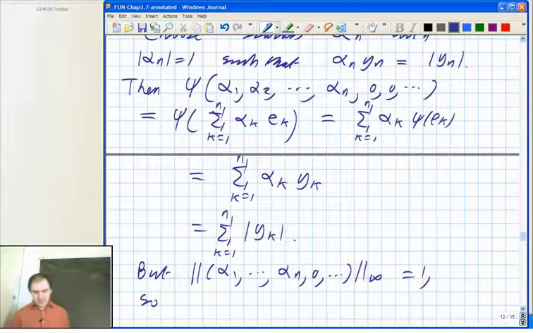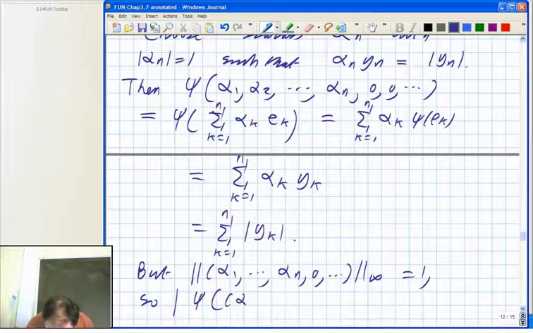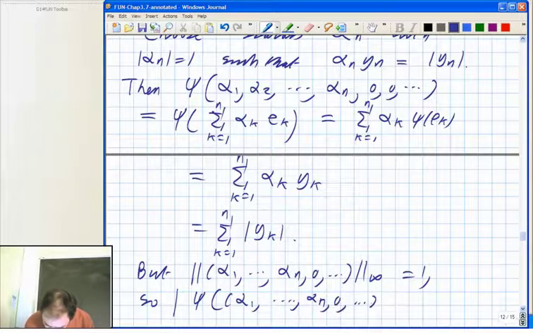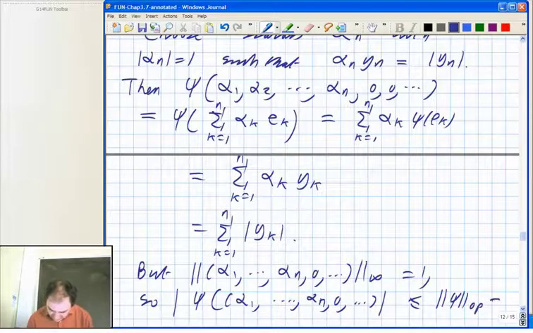So, psi of it, the most that psi of it can be in modulus. I should have given it a name, really. The most that can be is going to be the operator norm of psi, which is finite, of course.